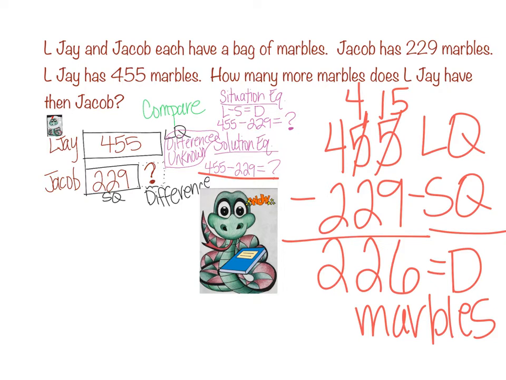So in the verify part, I can also write out in words how I solved the problem. And I would write out that I discovered LJ had the larger quantity because 455 is greater than 229. Then I had to find the difference, and in order to find the difference, I have to subtract.